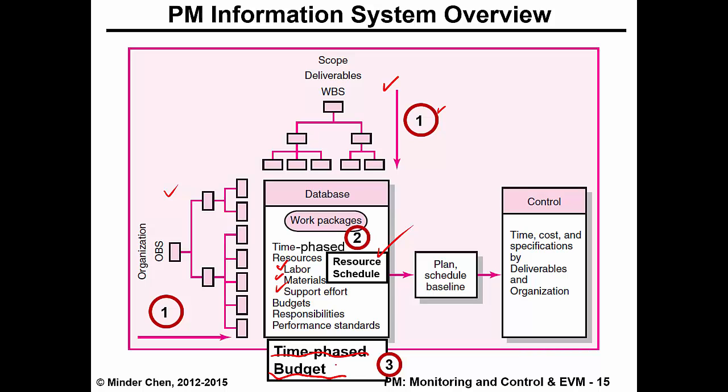A time-phased budget doesn't mean just a total number, a sum of all the detailed budgetary items. You have to say when certain money needs to be spent in order to perform such tasks. So you will allocate the budget over a time schedule.